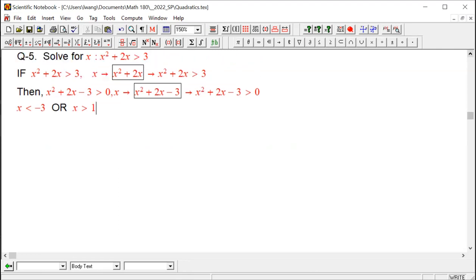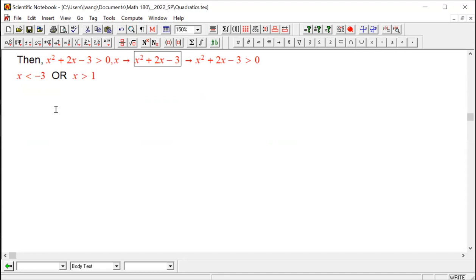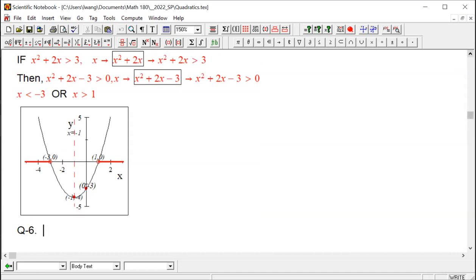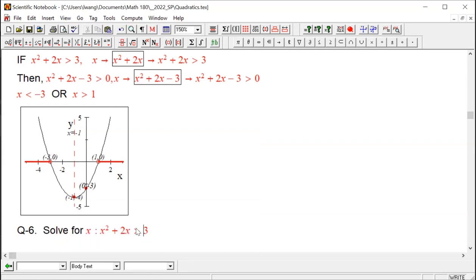Okay. And since we have this case, that's it. So that's the picture. And of course, you probably guessed it. My question number 6 would be the following. I'm going to make it less than 3.